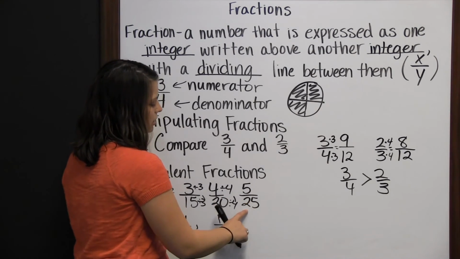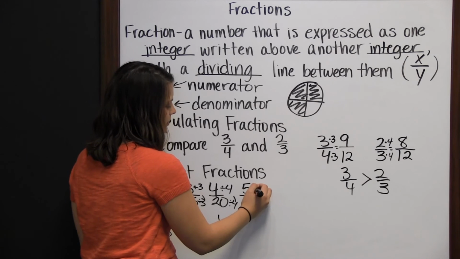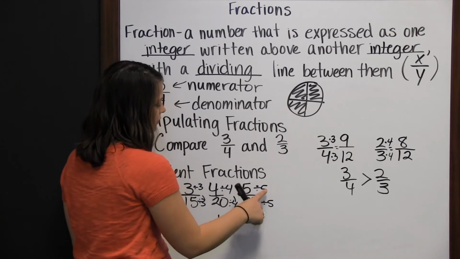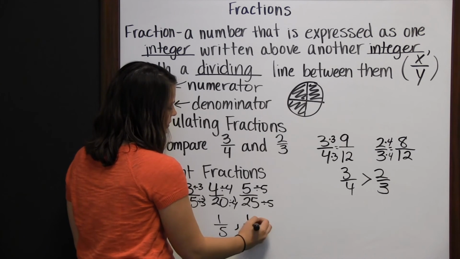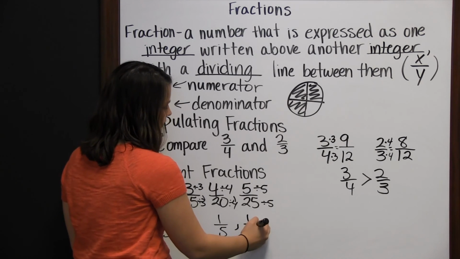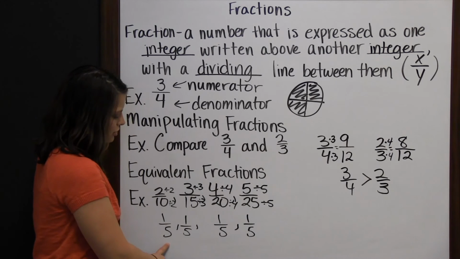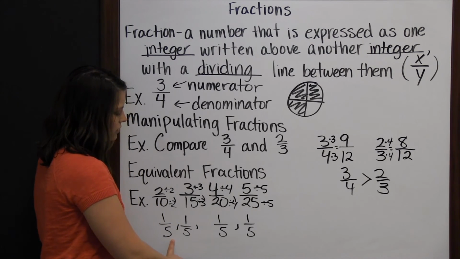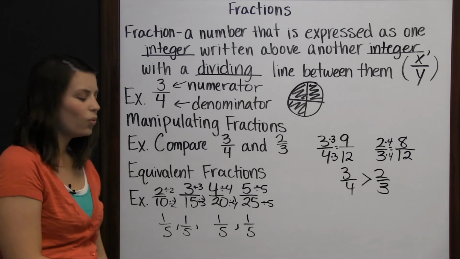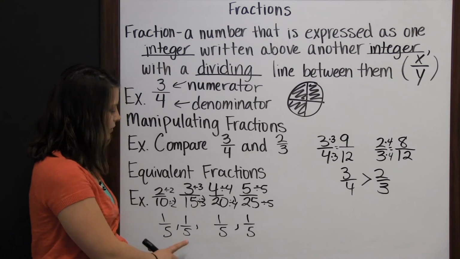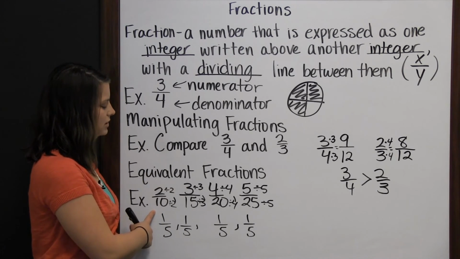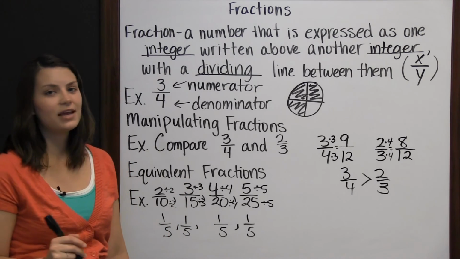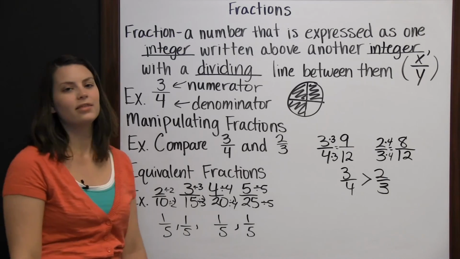Numerator and denominator are both divisible by 5. 5 divided by 5 is 1. And 25 divided by 5 is 5. So as you can see, all 4 of these fractions are equal to 1/5. 1/5 is the simplest form of these fractions, and they are all equivalent fractions since they all have the same value, 1/5.